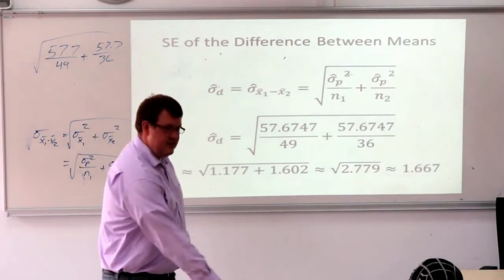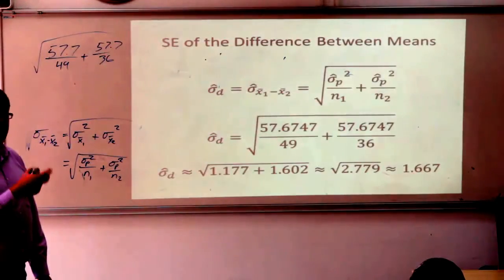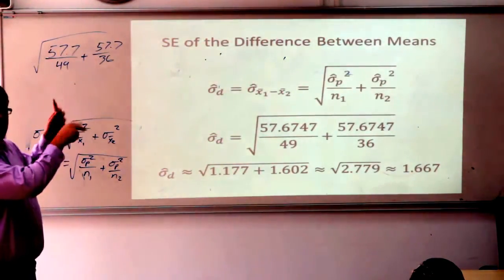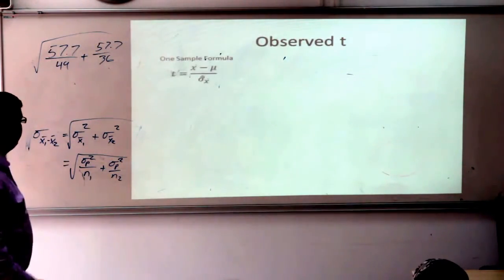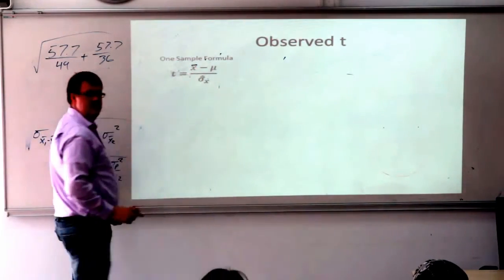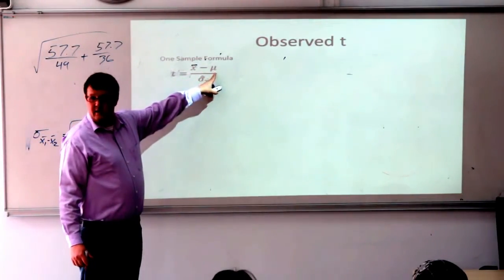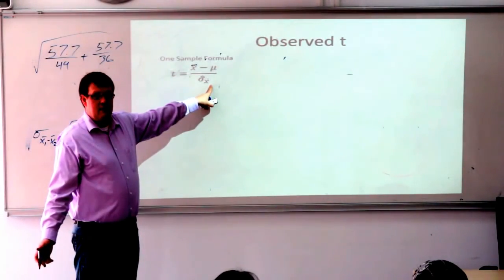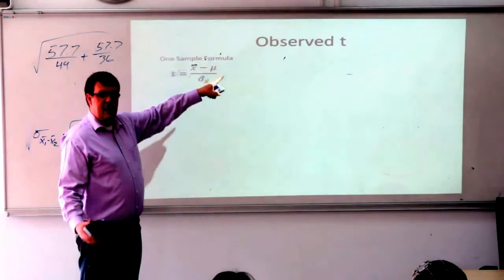To get the t-test, we needed the standard error on the bottom, and on the top what we were predicting minus something. Our one sample formula for t was the mean that we observed minus the hypothesized mean, divided by the estimated standard error of the mean. Now we don't have one mean that we're testing against the hypothesized mean.